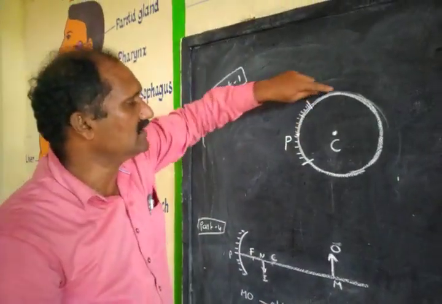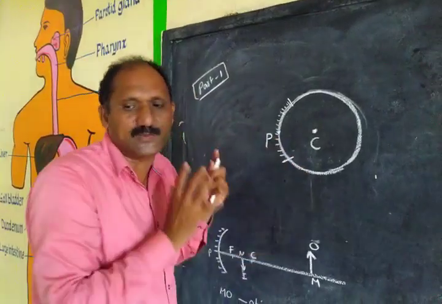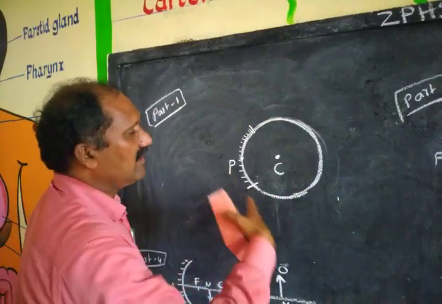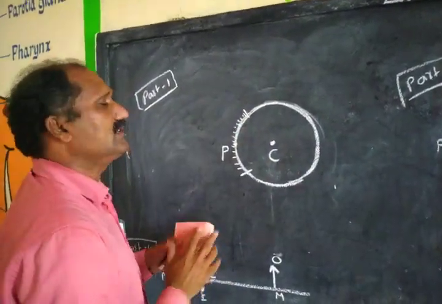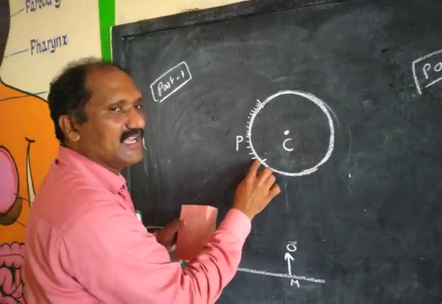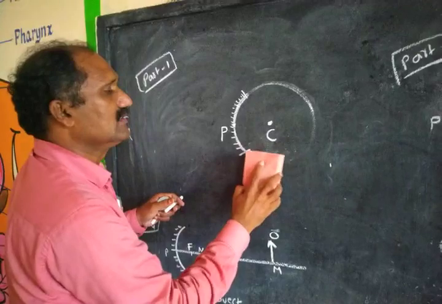I have drawn this to show that this concave mirror is a part of the sphere. This is the complete shape, but we have taken only this part. This part represents the concave mirror, that's why I am removing this one.